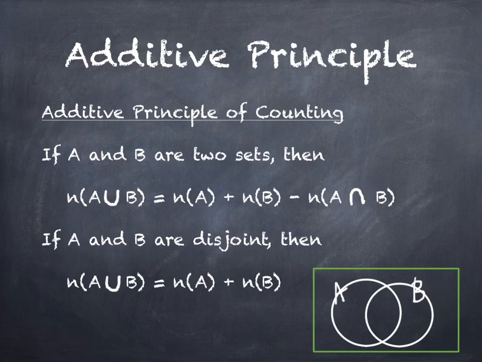Now, that's great, but let's shade them in according to what's on the right-hand side of this equation. This says the number of items in A. So I'm going to shade all of circle A. And then the other one says that I'm going to shade all of circle B. And what happens when I do that? Yeah, the part where they overlapped was counted twice. It was a double count, wasn't it?